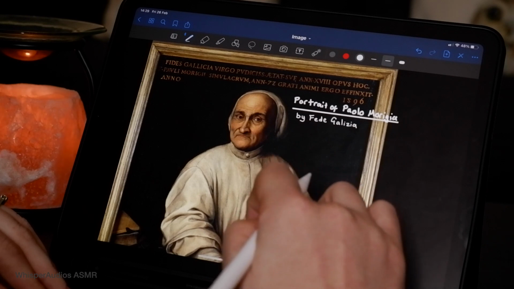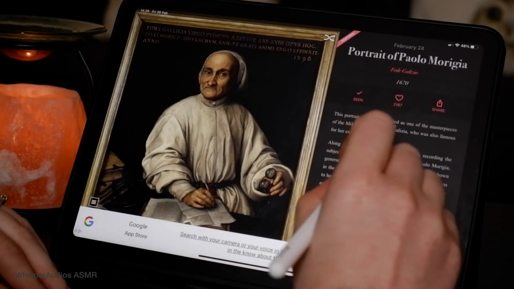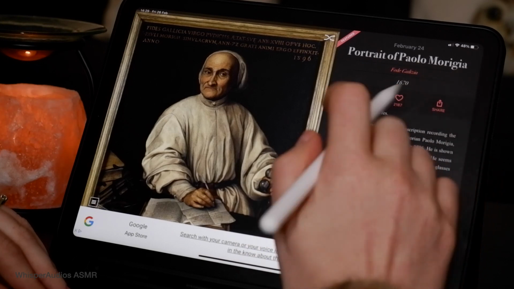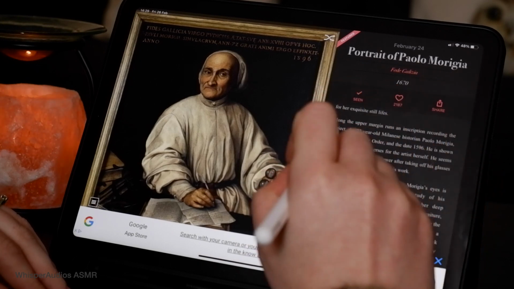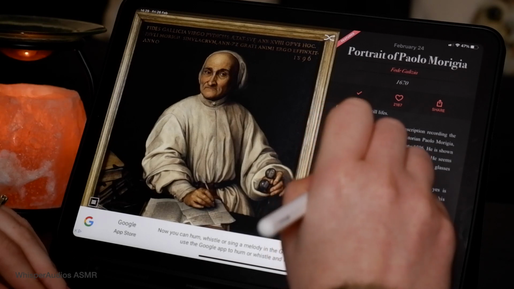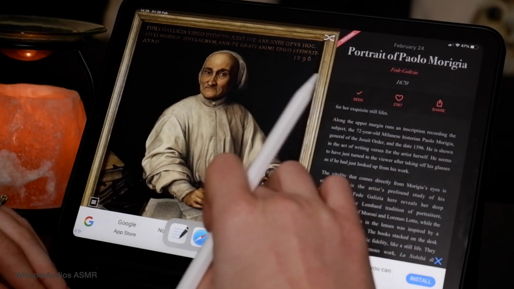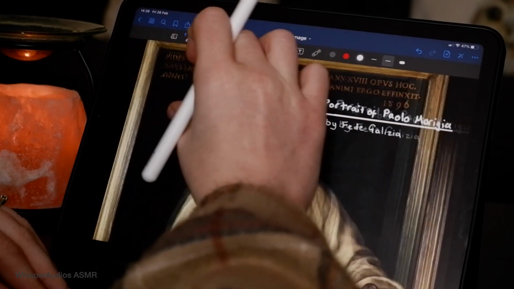So what else do we know? We know that the inscription at the top depicts the 72-year-old Milanese historian Paulo Morriga. So let's write that.